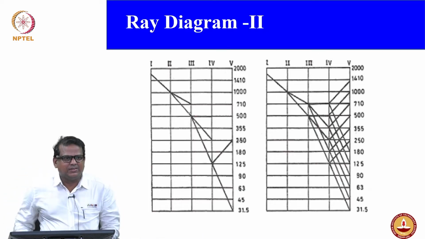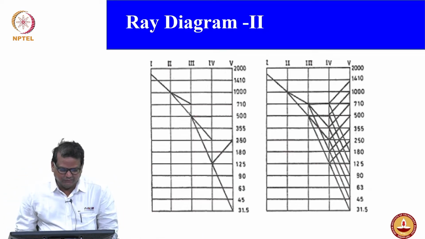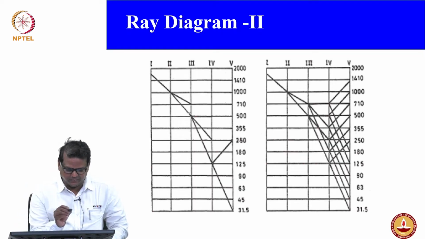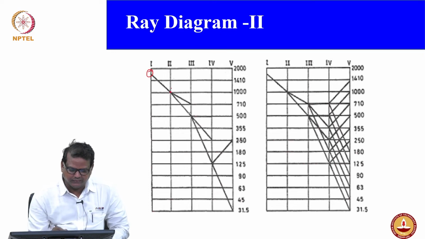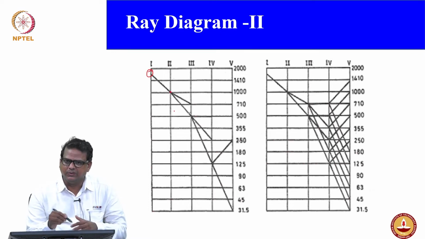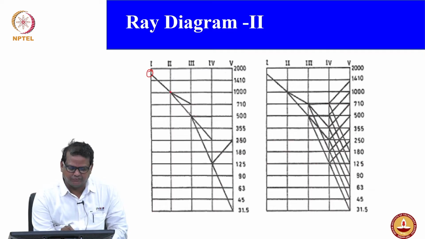The first thing is the structural formula. If you look very carefully, from the observation, this is your input speed. It goes up to this position. Then this is the beginning of the first stage.